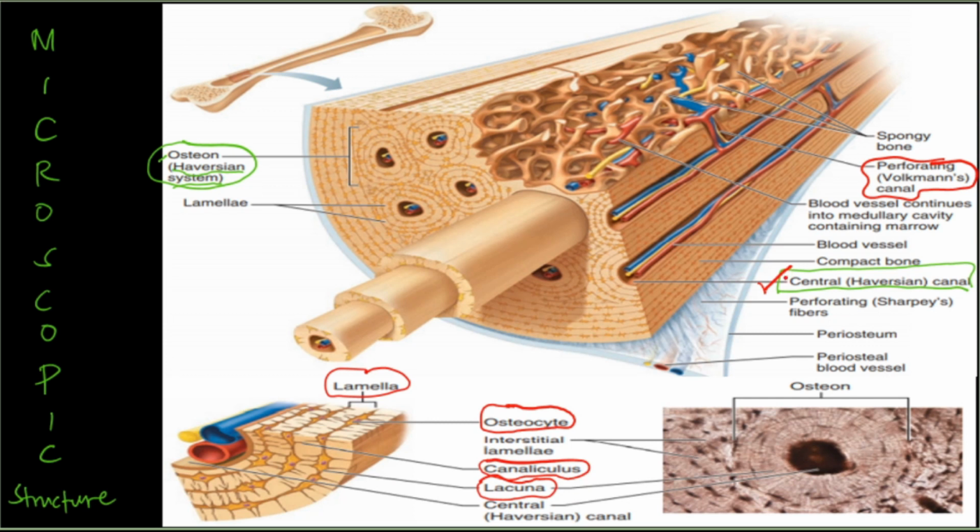Next, it is made up also of your lamellae, and it is also made up of your osteocytes, or your matured type of bone cell. Those are the microscopic structures of your bone, especially in the aspect of your compact bone.